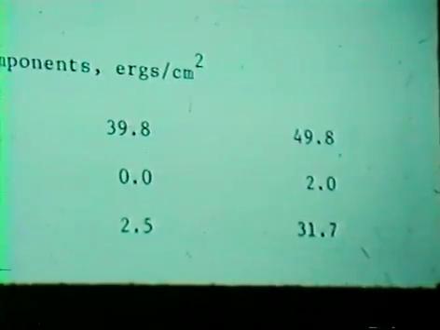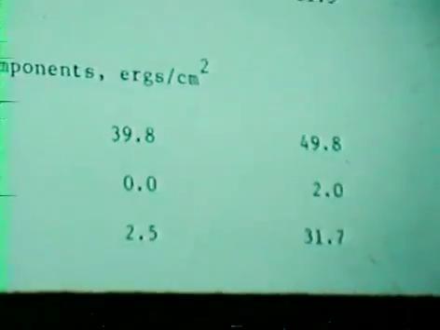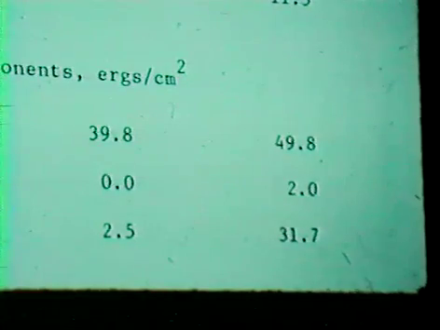The first of these numbers, the 39.8, corresponds to the kind of number that you get by a Zisman treatment of the contact angle, in which you measure contact angle as a function of surface tension of the measuring liquid. The acidic component is about 0, and the basic component 2.5. I'll later on give a preliminary interpretation of these numbers.